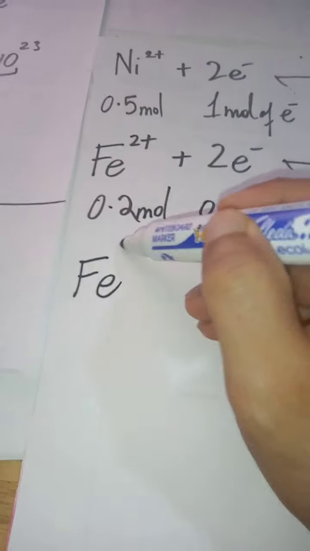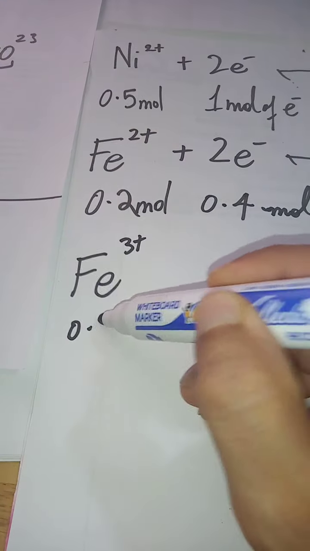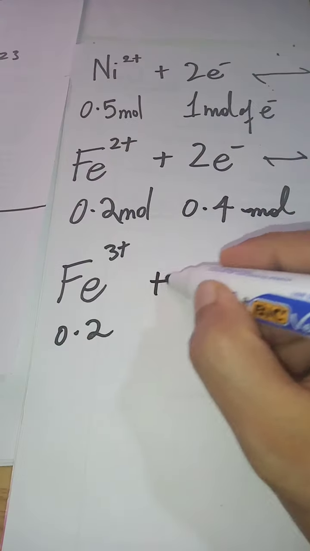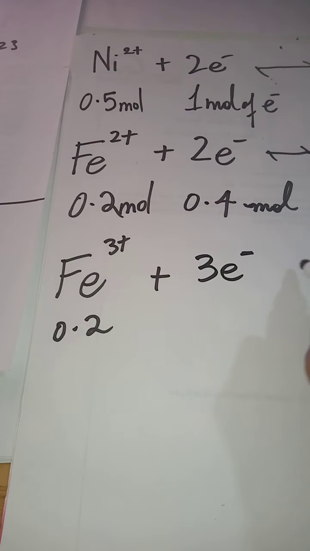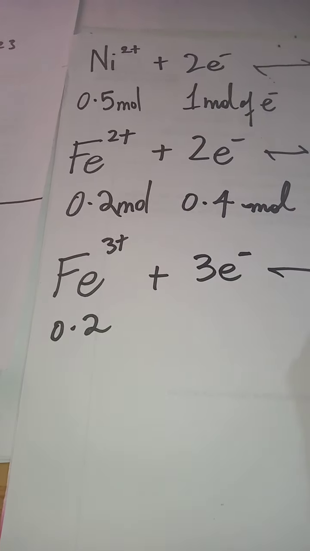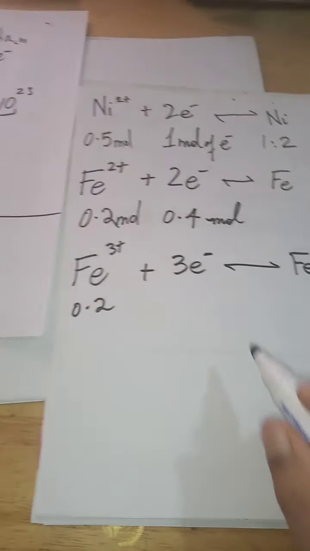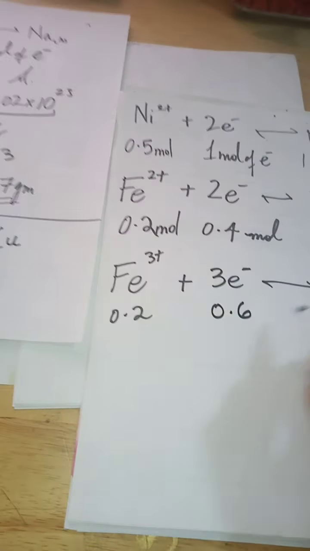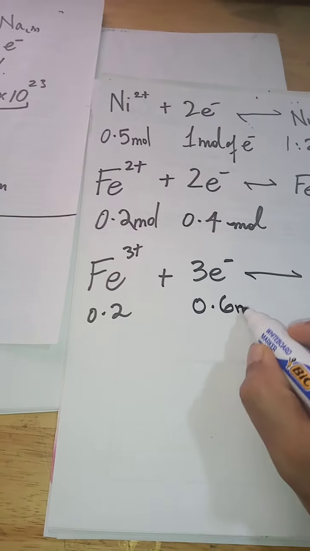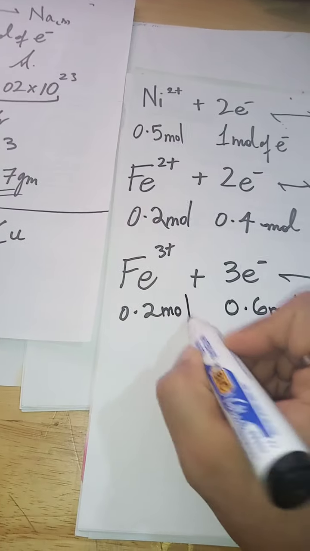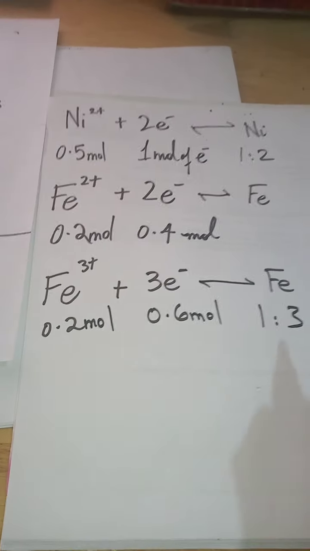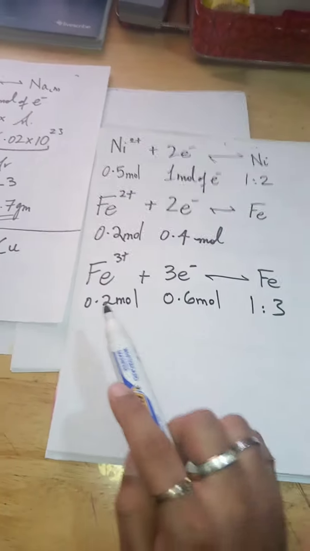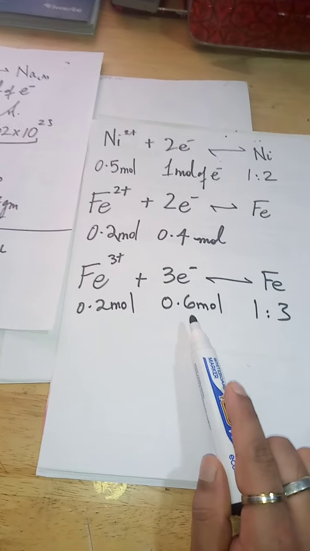But if we had 0.2 moles of iron 3, it would be 0.6, because there's a 1:3 ratio, sorry. So there's a 1:3 ratio, so it'll be 0.2 times 3 equals 0.6.